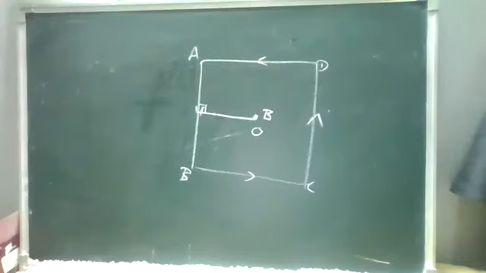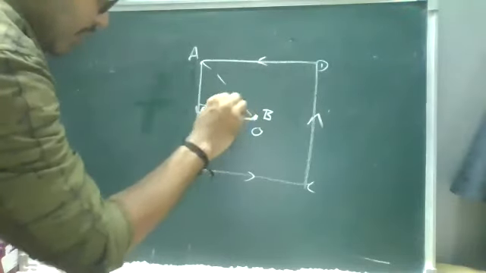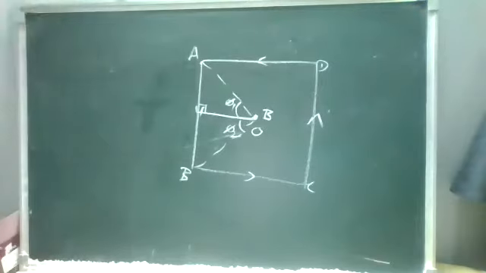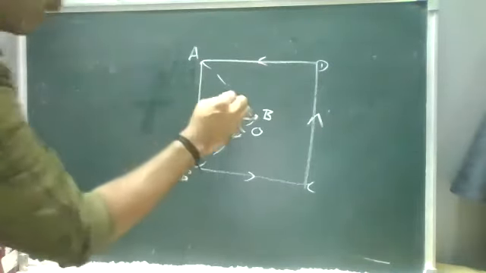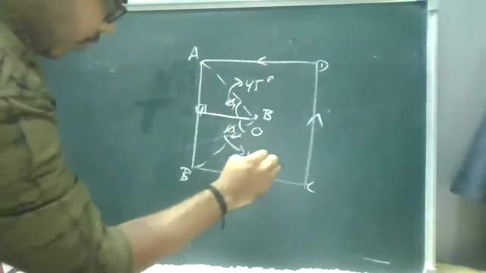This is phi 1 and this is phi 2. If you see the 90 degrees, phi 1 will be 45 degrees and phi 2 will be 45 degrees.